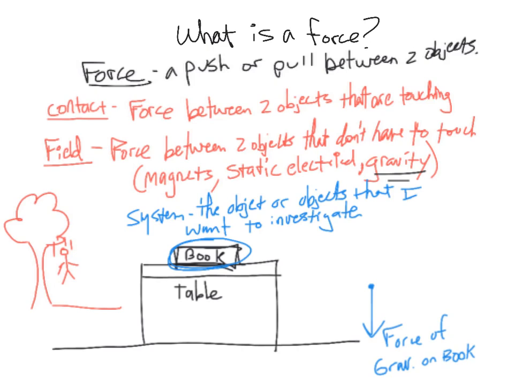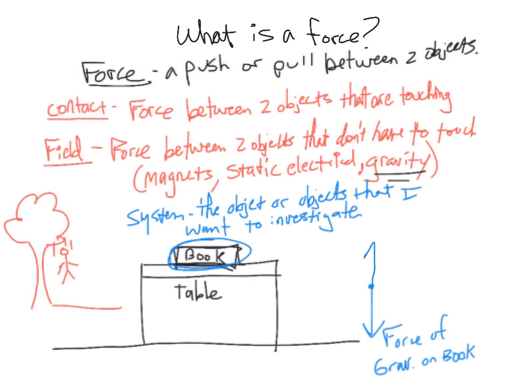And is there any other force acting on the book? Well, I think you said earlier, or I said earlier, that the table is pushing on the book. If the table is not pushing on the book, then the book's going to fall to the floor. Right? If you remove the table from this scenario, then the book falls to the floor. So that means the table has to be pushing upward on the book. Now the question becomes, how much do you think it's acting?